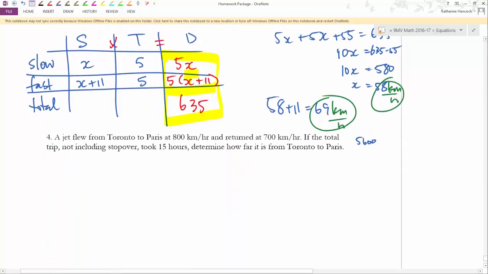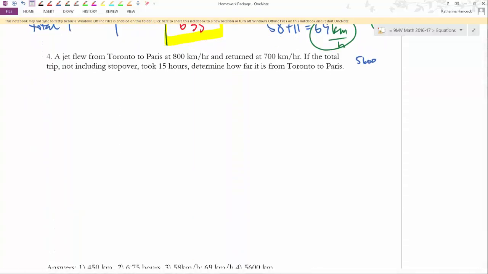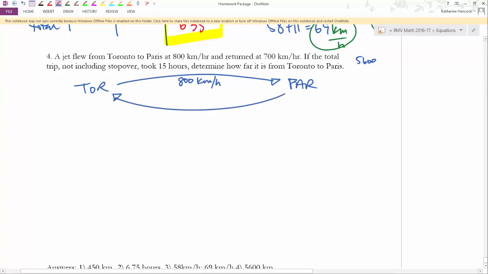So there's that one. Number 4, a jet flew from Toronto to Paris at 800 kilometers an hour, returned going slower. Okay, so we're going to have Toronto, we're going to have Paris. On the way here, my speed was 800 kilometers per hour, and on the way back, 700 kilometers per hour.